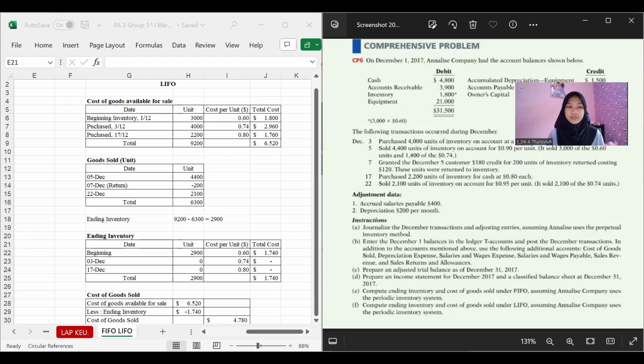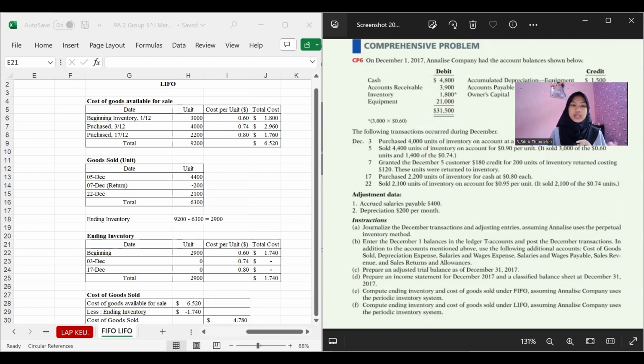For these, LIFO is the same as FIFO, namely the cost of goods available for sale has 9,200 units of goods with a total cost of $6,520, and goods sold is 6,300 units. LIFO is last in, first out, so to find the inventory, we will sell the goods that were last entered.